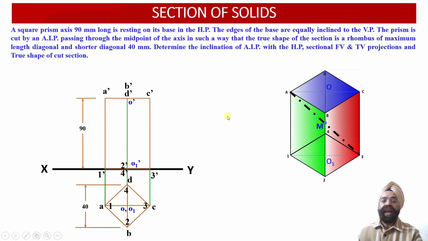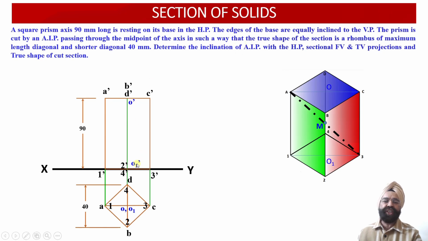So now having obtained the front view and the top view projections of a square prism which is resting on its base on the horizontal plane with all the edges of the base equally inclined with respect to the vertical plane, we know that this square prism has been cut by an auxiliary inclined plane passing through the midpoint of the axis.